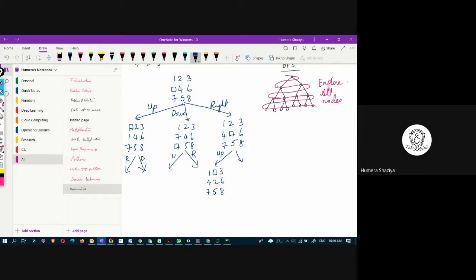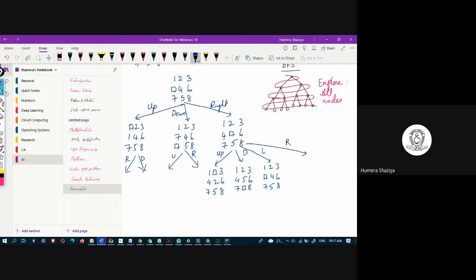Down, it is 1, 2, 3, 4, 5, 6, 7, empty 8. Left, 1, 2, 3, empty 4, 6, 7, 5, 8.